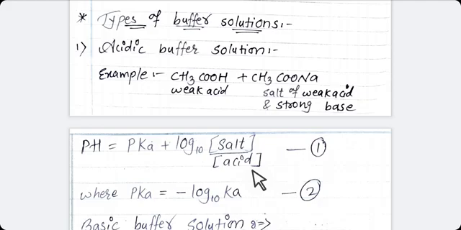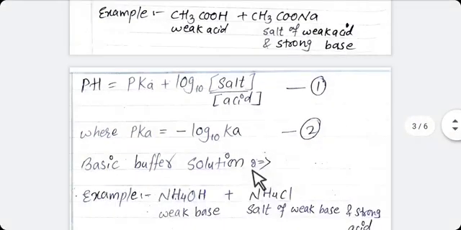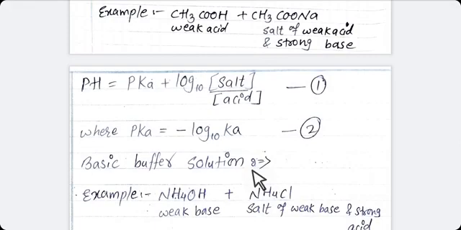Now the next type is basic buffer solution. In the same way as acidic buffer solution, we can make basic buffer solution, meaning a solution containing a weak base and its salt with a strong acid is the basic buffer solution.